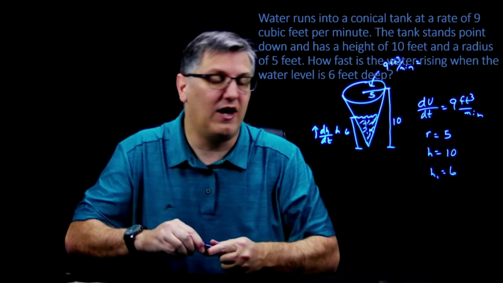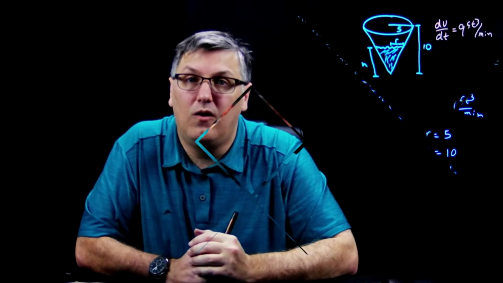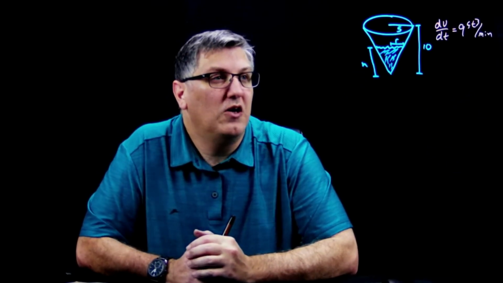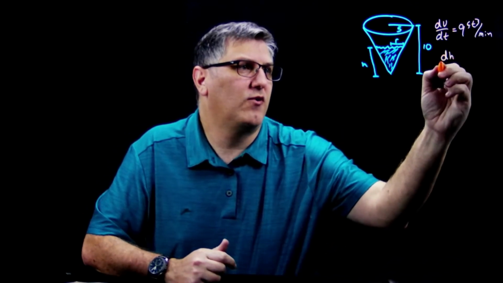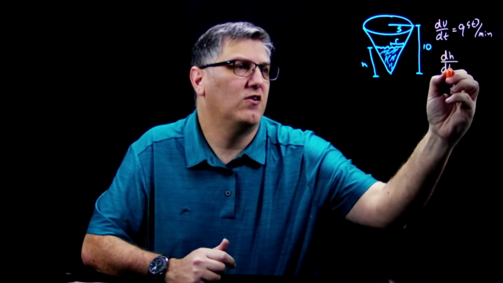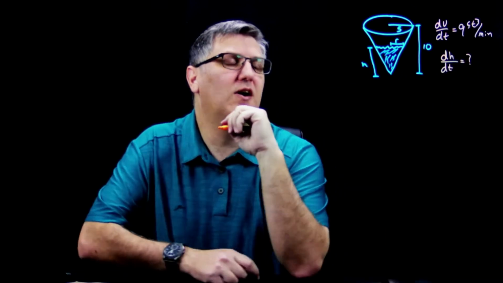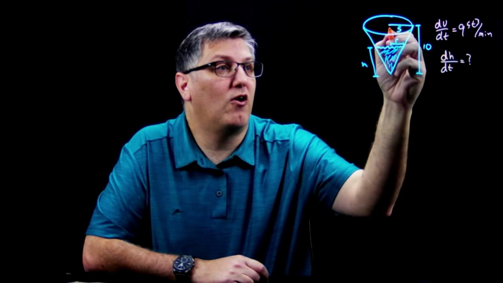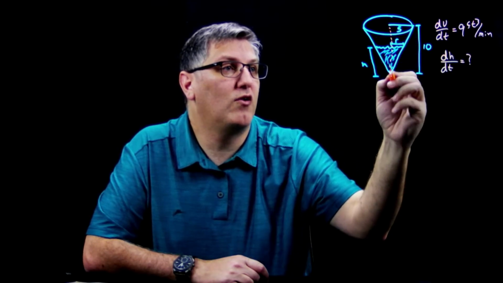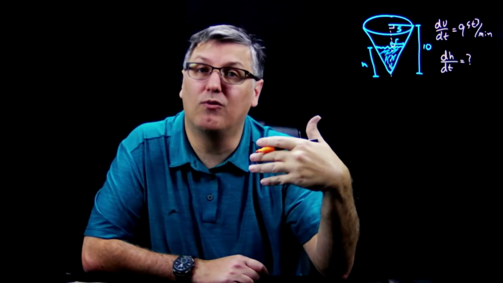So let's take a look at how to do this. With this problem, we're still looking for dh/dt, how fast the height is changing with respect to time. There's a little sneaky thing in here. There are similar triangles right here and right here. So I'm going to set up a ratio.